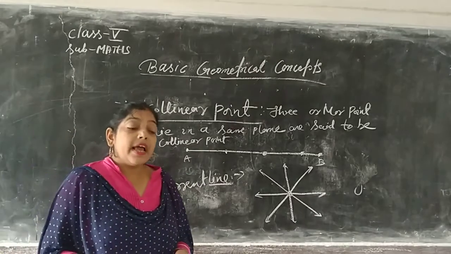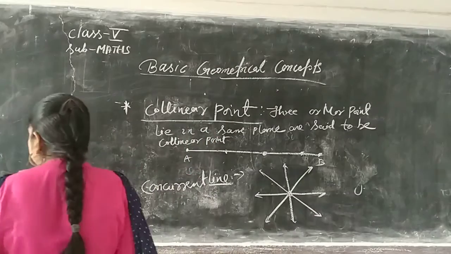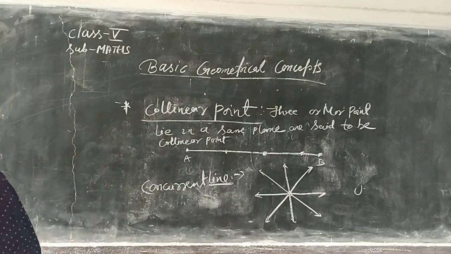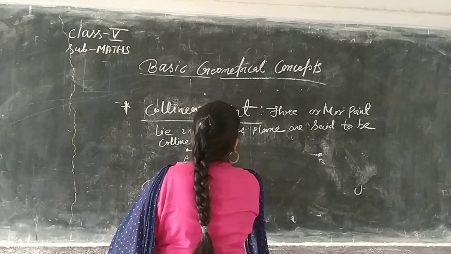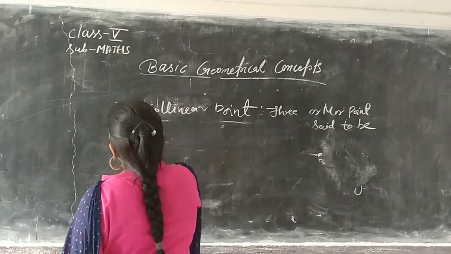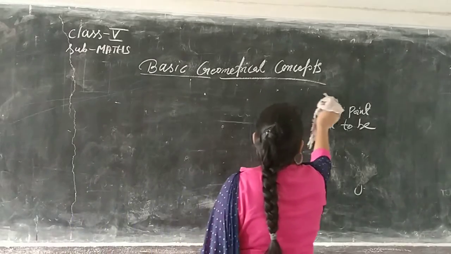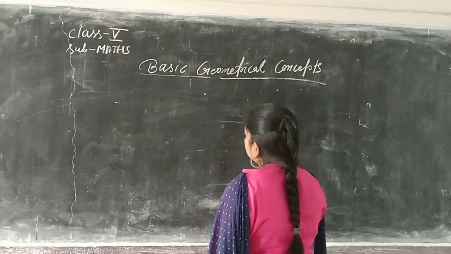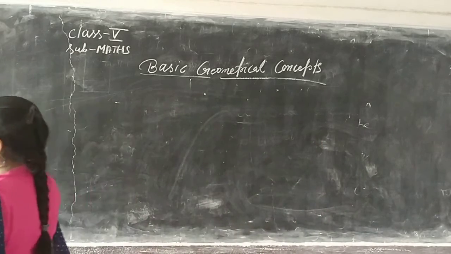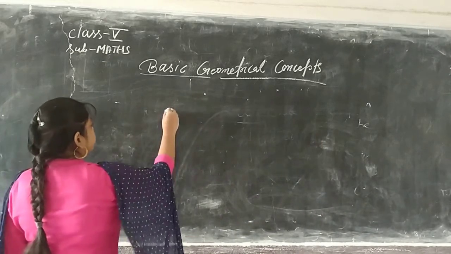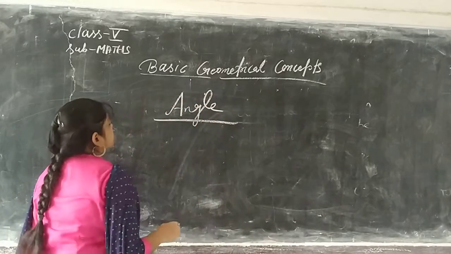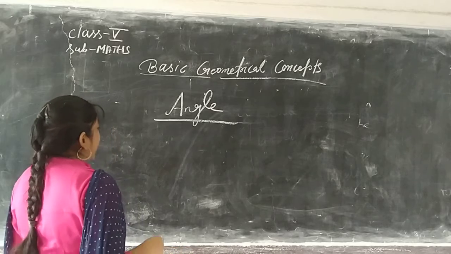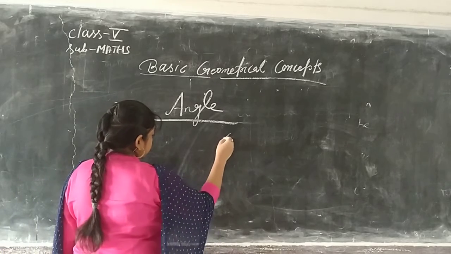What is an angle? Angle. This is also part of the geometry. So an angle has two arms.